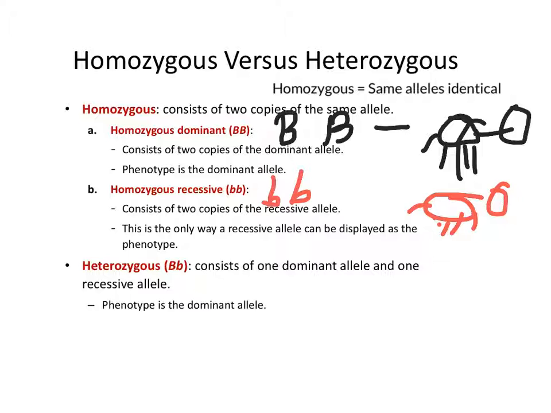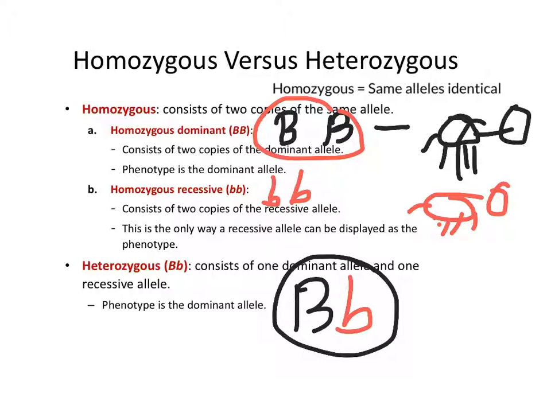Okay, they are both homozygous, but with different alleles. Since large B is dominant, if you have an individual with a large B and a small b, remember, black is dominant, and so you would end up also with a black dog. It's only with small b's that you would end up with a brown dog. Okay?